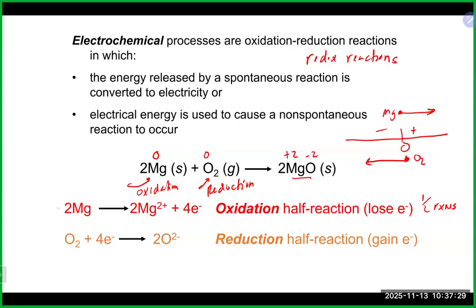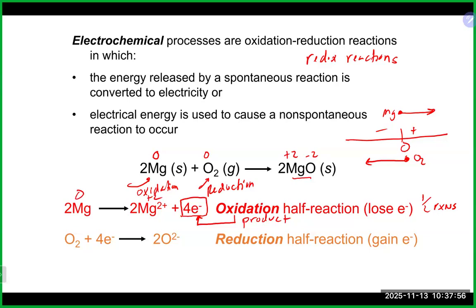So when we look at magnesium here going from 0 to +2, it is going to give off 4 electrons. And we know this is the oxidation half reaction because the electrons in that half reaction are on the product side. So if you see a half reaction where electrons are written on the product side, you should know that that is an oxidation. The idea is that electrons are being given off.